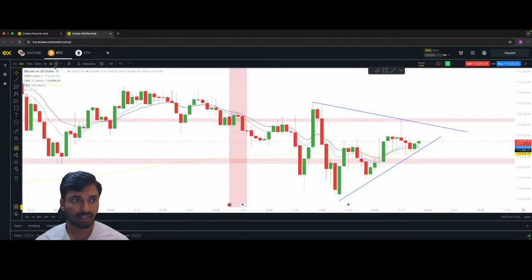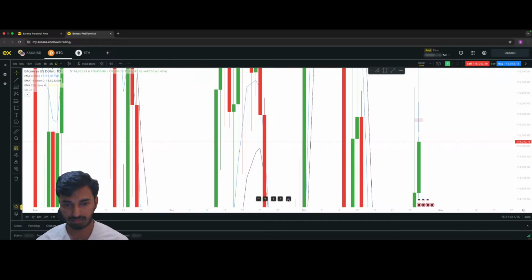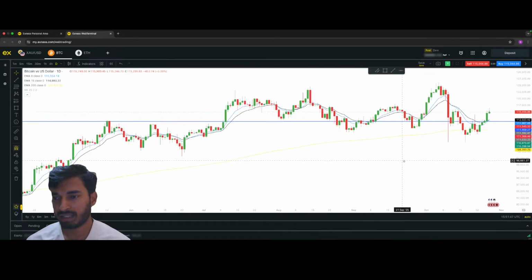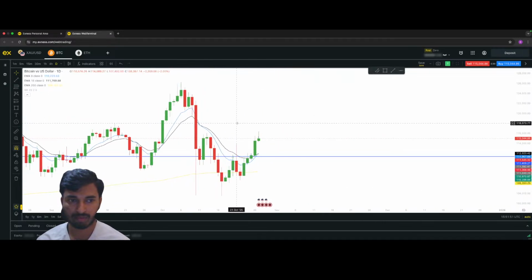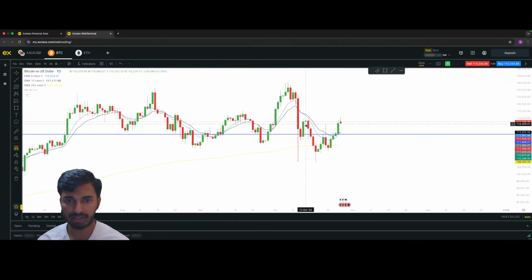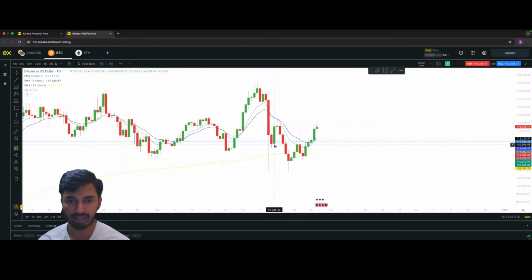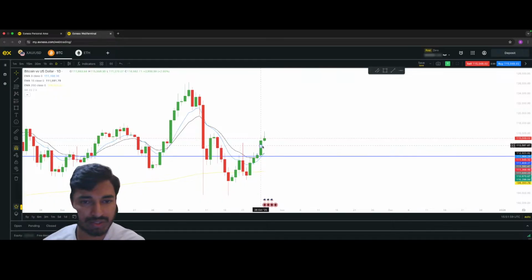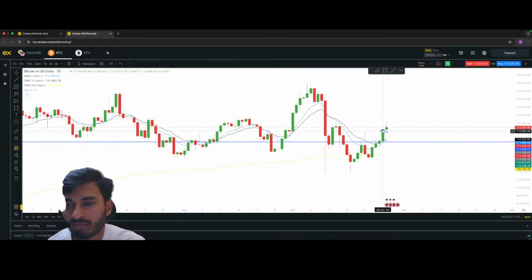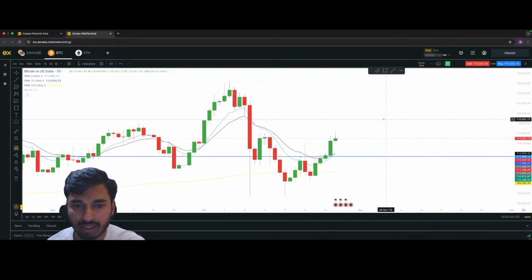If I see the day candle, completely the market is in a bullish trend now. For the past few days it was bearish, continuing from here, and now it is going bullish.